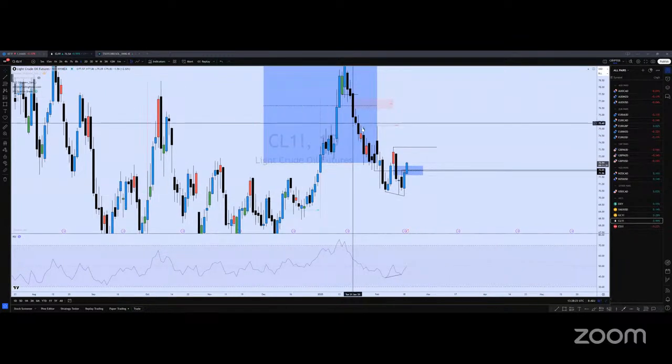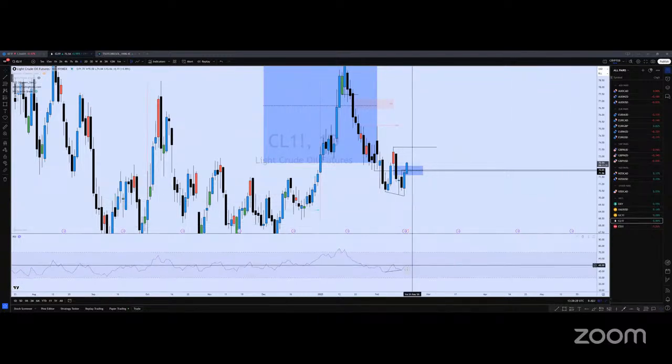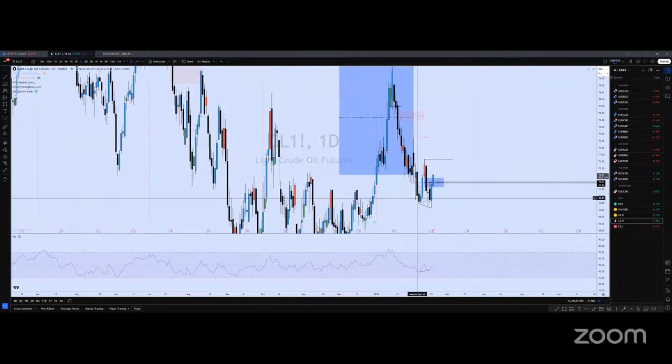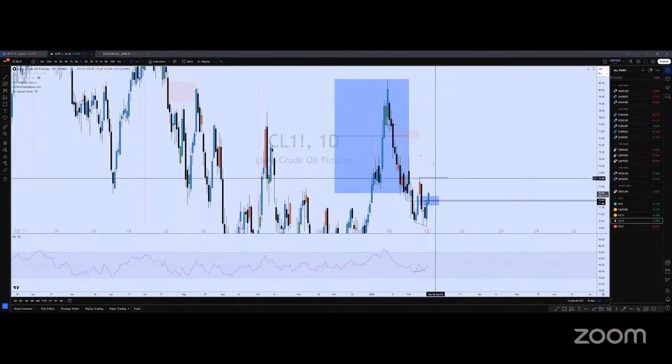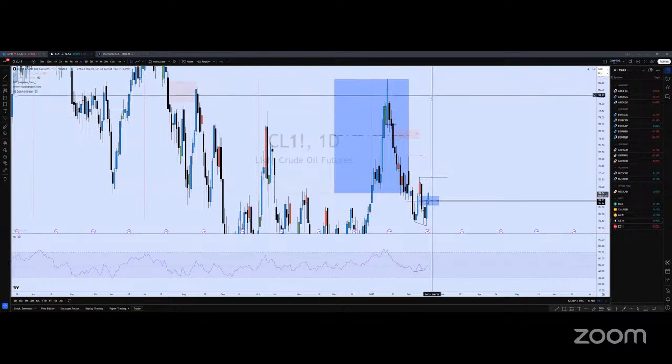So it doesn't really need to trade to this level, 30%. It doesn't need to get there. If it forms that where we want price to reverse from, then that's all we need. If we can break this going forward, that would be a great price action for crude oil to resume the uptrend.